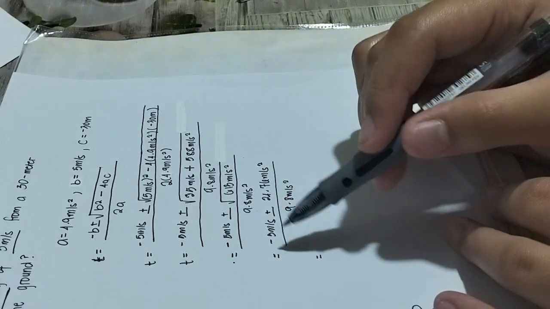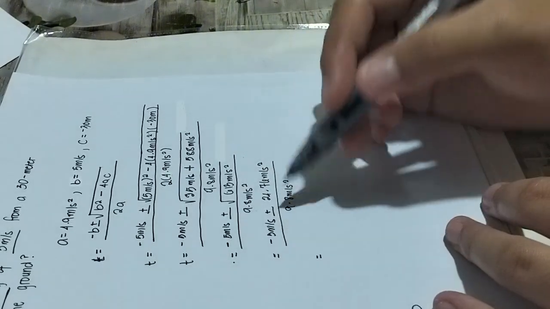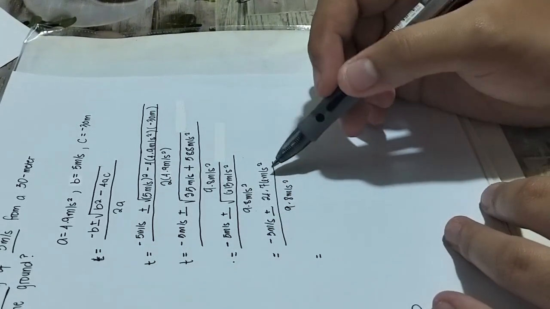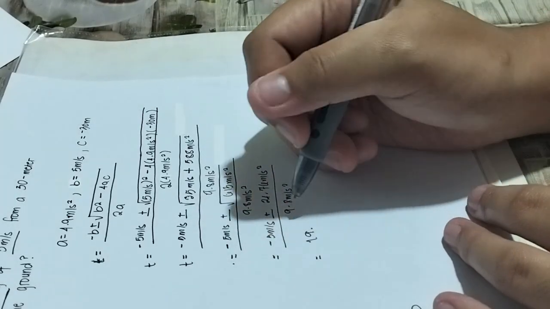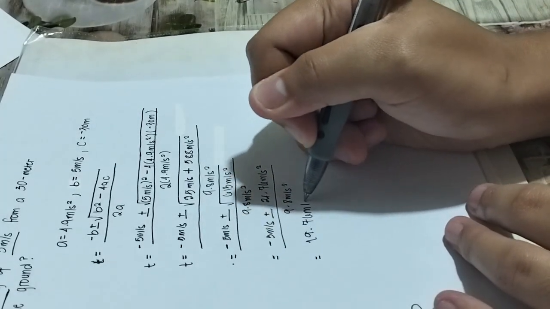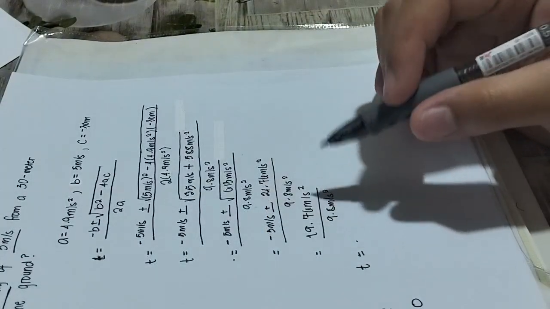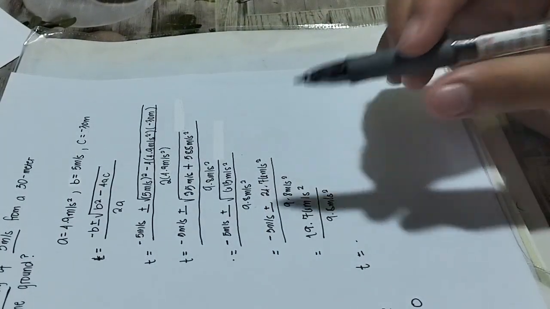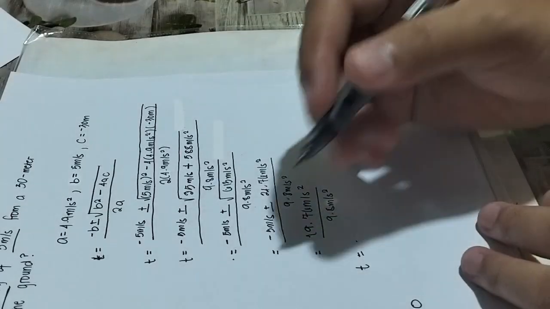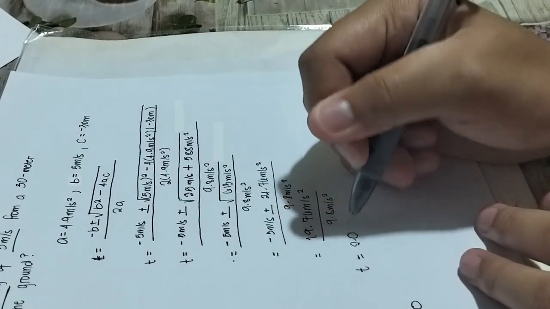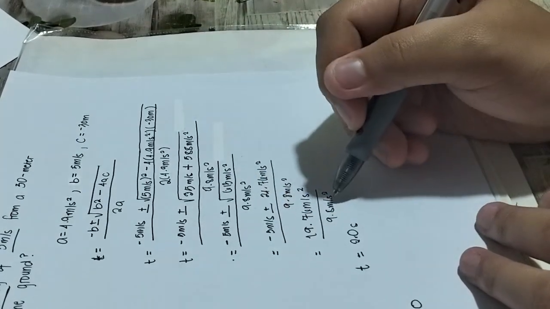Firstly, add the negative 5 to 24.76. So this will result in 19.76. Then 19.76 divided by 9.8 will result in 2.0 seconds.